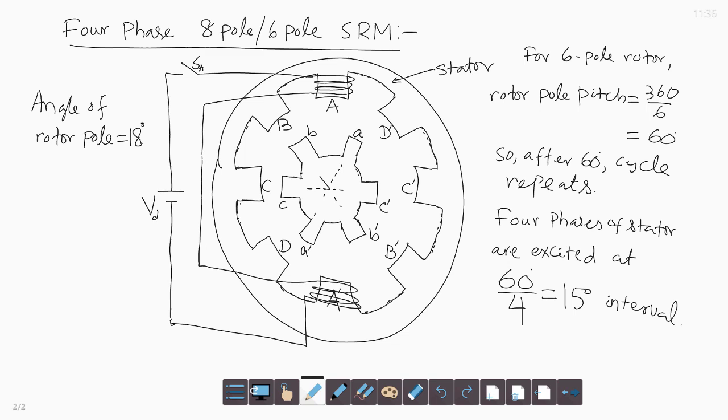So, what is that? This angle is 18 degree. This is the angle of the rotor pole, the angle of the rotor pole is 18 degree.